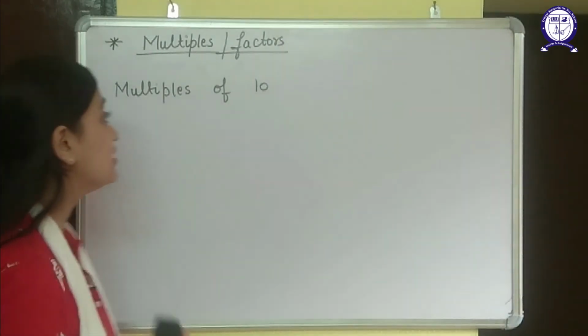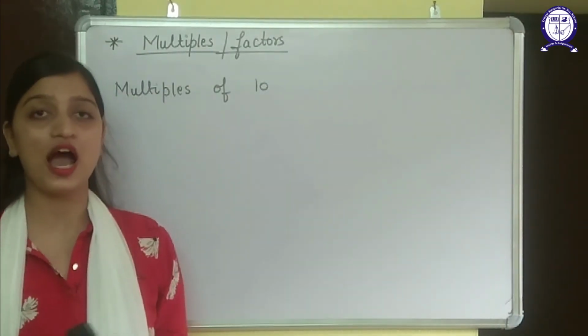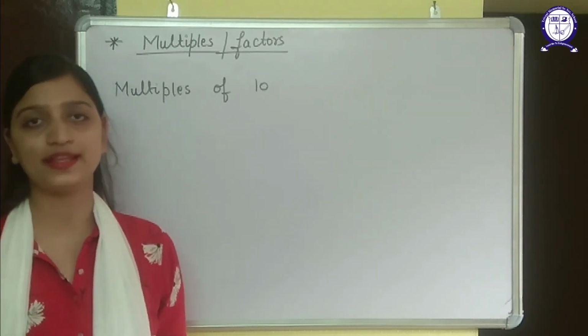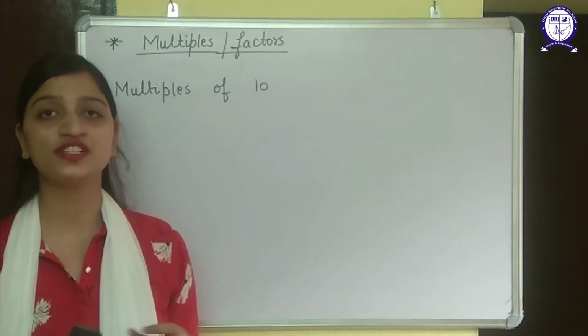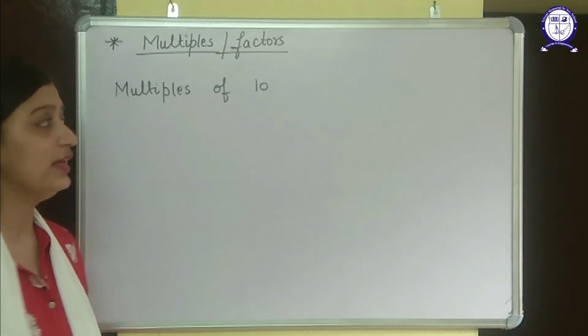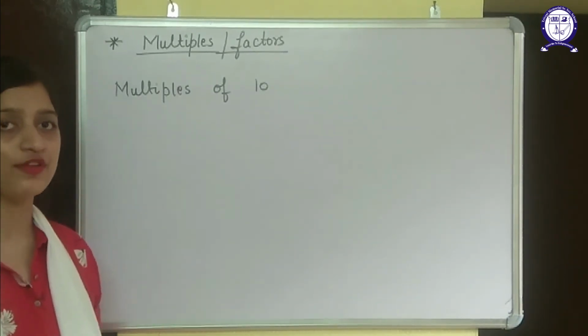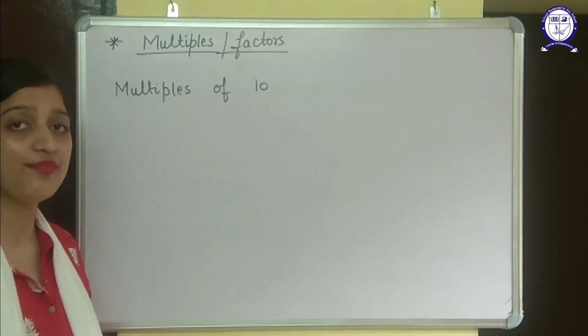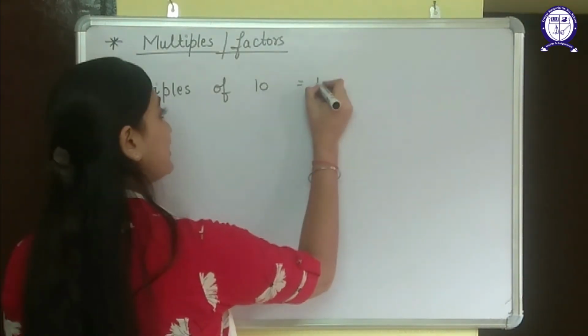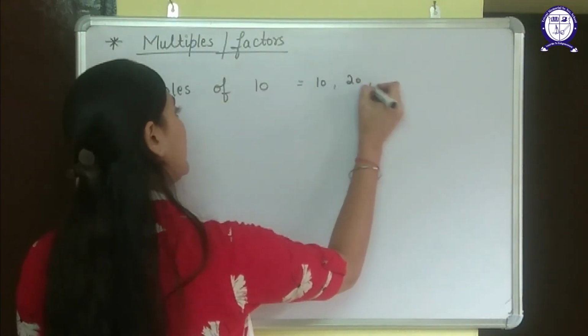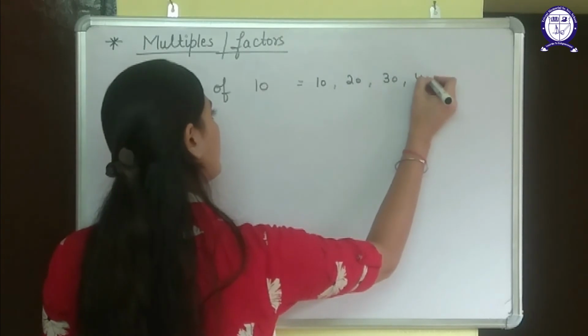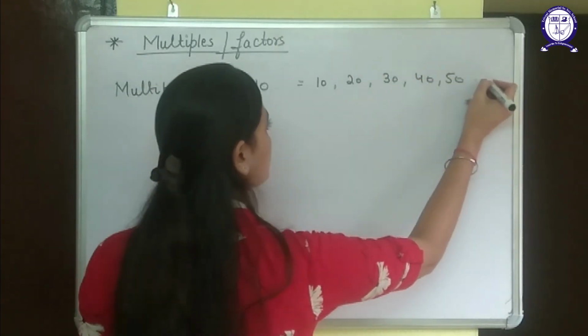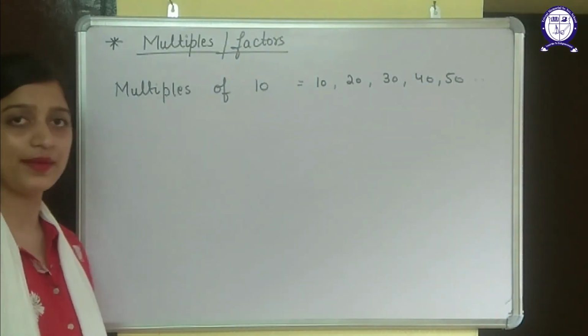Multiples means the numbers which are perfectly divided by 10, that is all the numbers which come in the table of 10. The numbers which 10 can divide perfectly. All these are the definition of multiples of 10. That is 10, 20, 30, 40, 50 and so on.